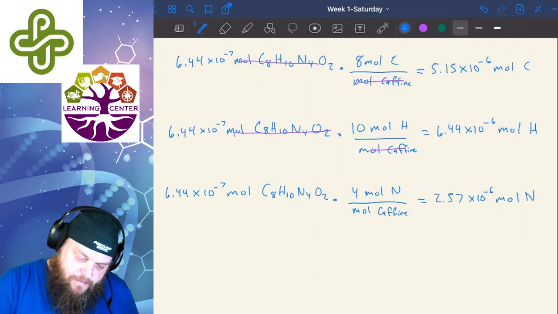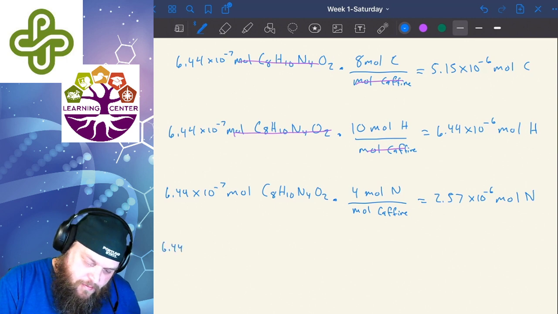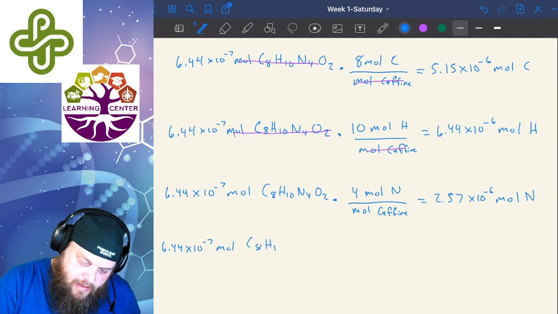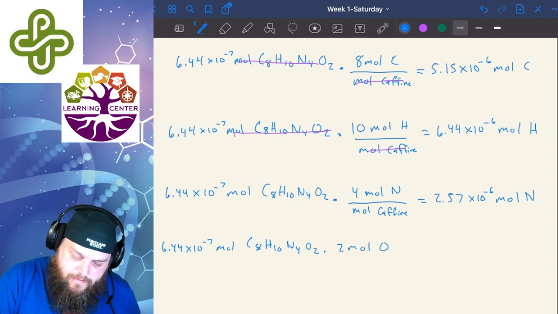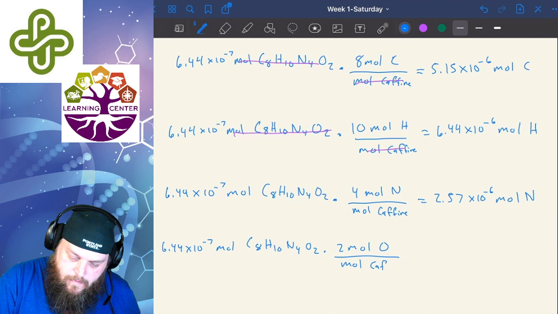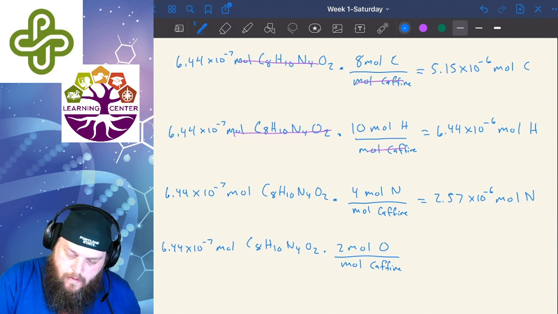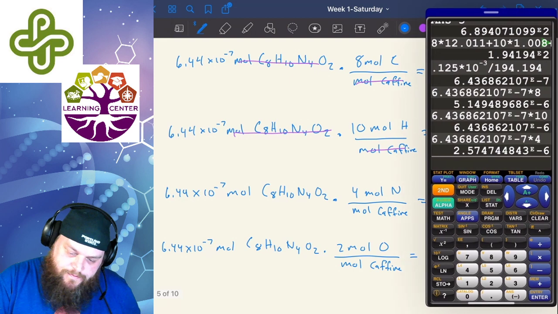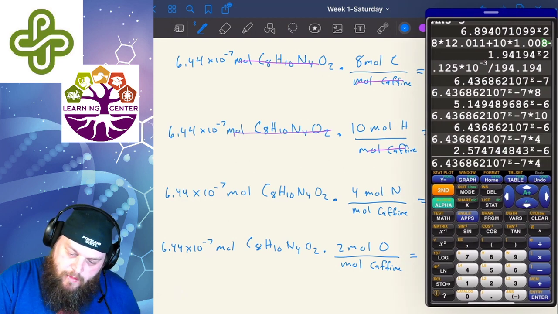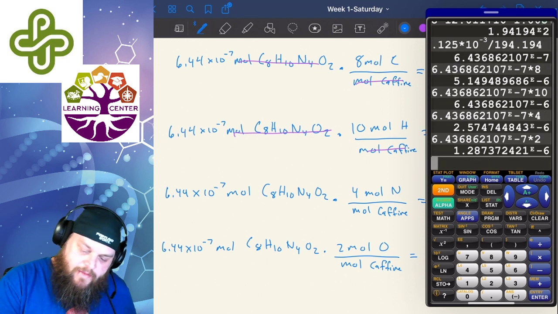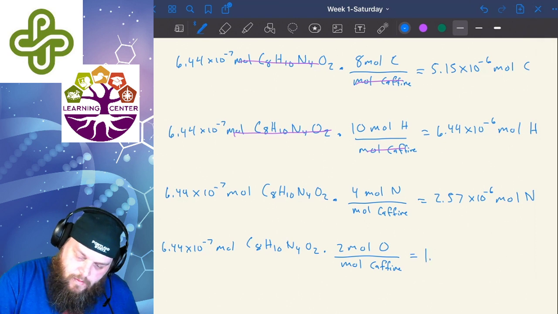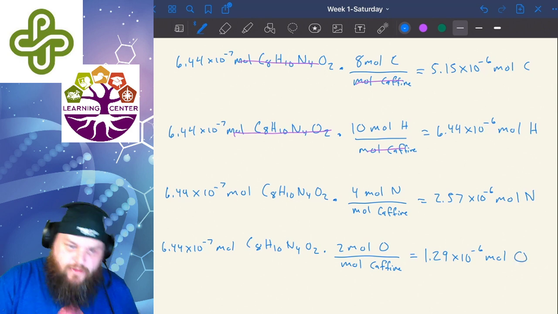And then lastly, oxygen. 6.44 times 10 to negative 7 moles C8H10N4O2 times 2 moles of oxygen per mole of caffeine is equal to the same number we were dealing with, but just times 2. 1.29 times 10 to the negative 6 moles of oxygen.